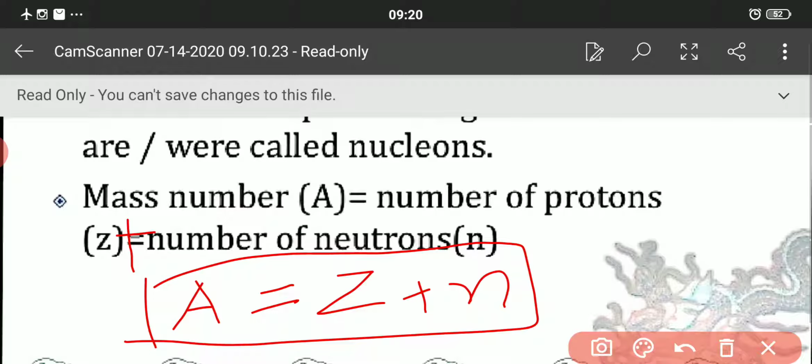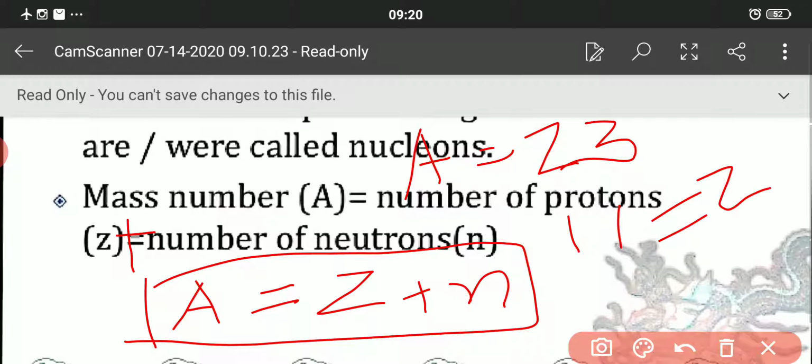For example, if an atom has mass number 23 and atomic number 11, how can you find the number of neutrons? Here mass number A is given as 23, okay. Now the number of protons is Z, and Z is equal to 11.